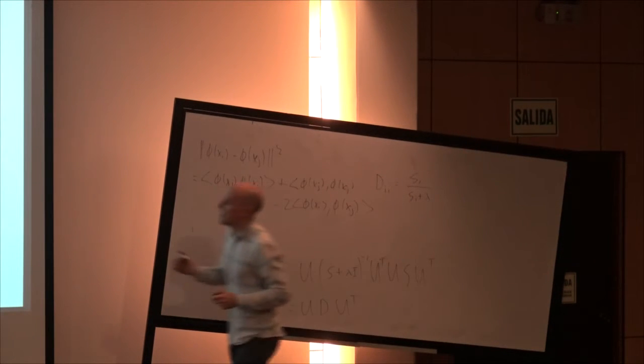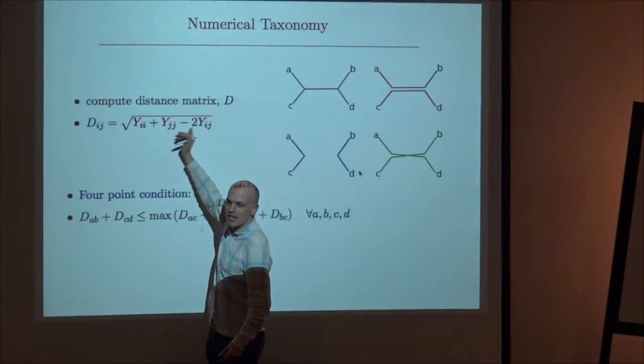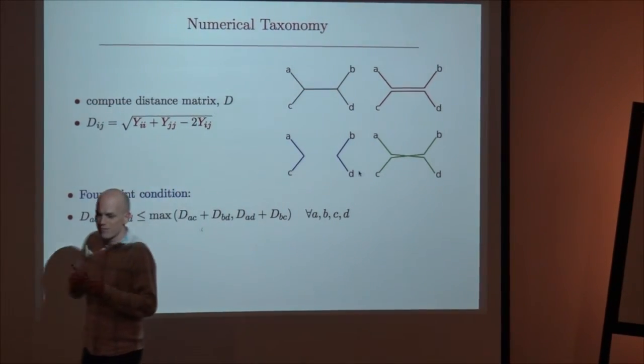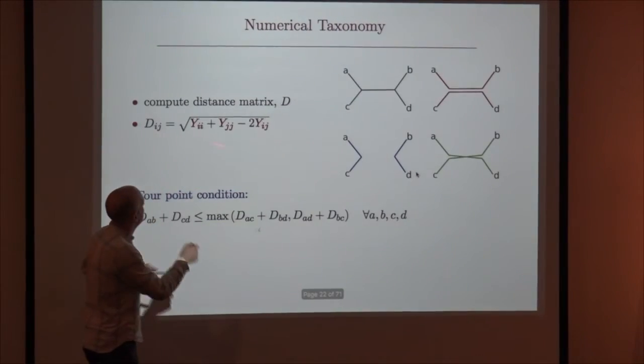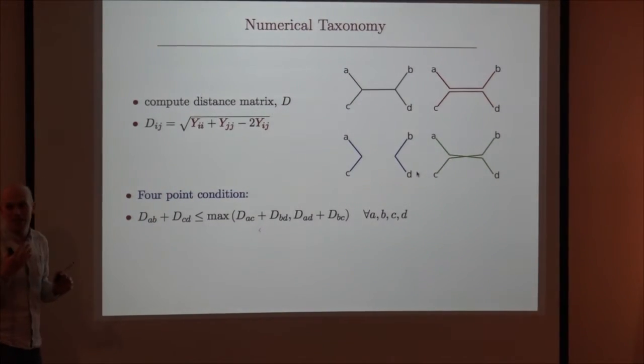That's exactly what I've got here: kernel between xi and xi, kernel between xj and xj, kernel between xi and xj. So when I've got my kernel matrix, this is how I get the distances between the points.